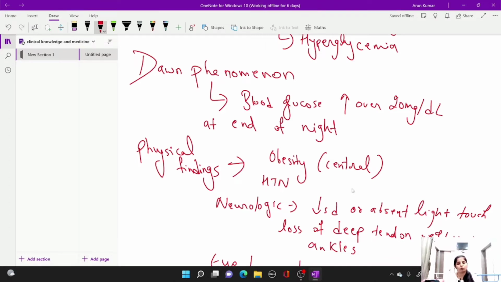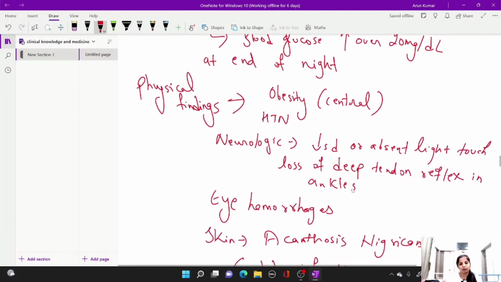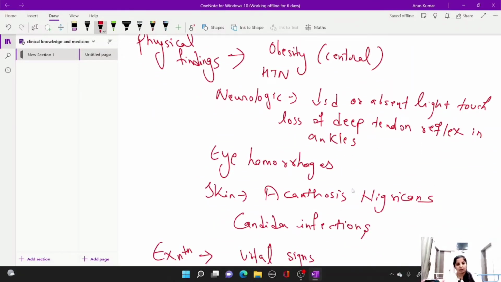Then there can be neurologic findings like decreased or absent light touch and loss of deep tendon reflex at the ankle. Then in the eye, there will be hemorrhage. In the skin, there might be acanthosis nigricans, and candida infections can also be seen.